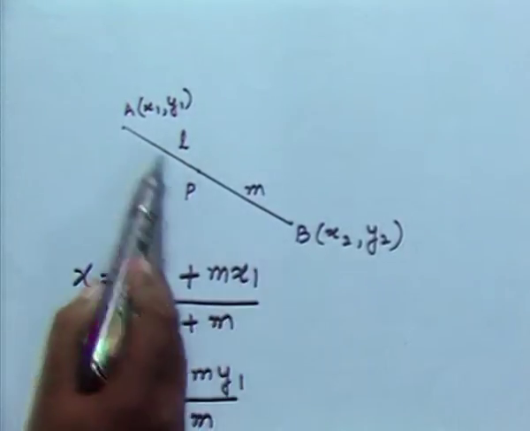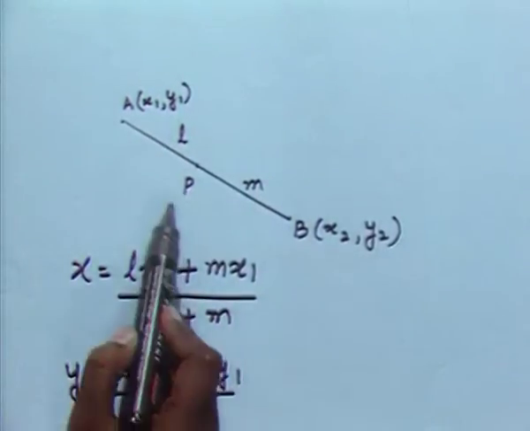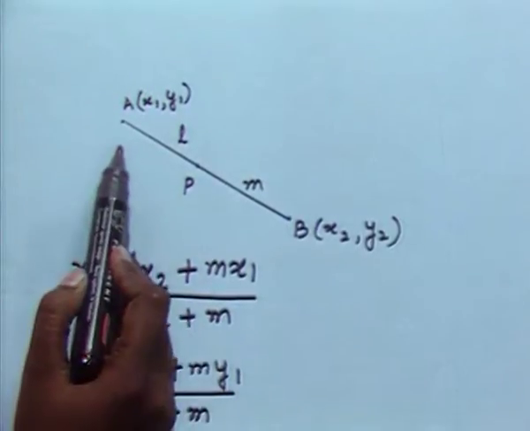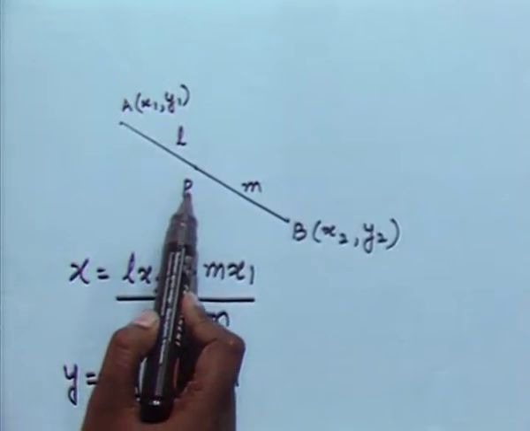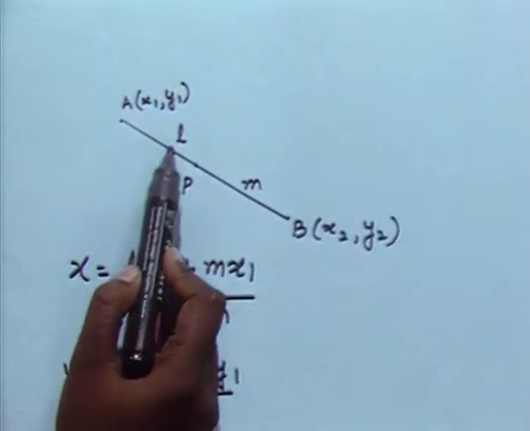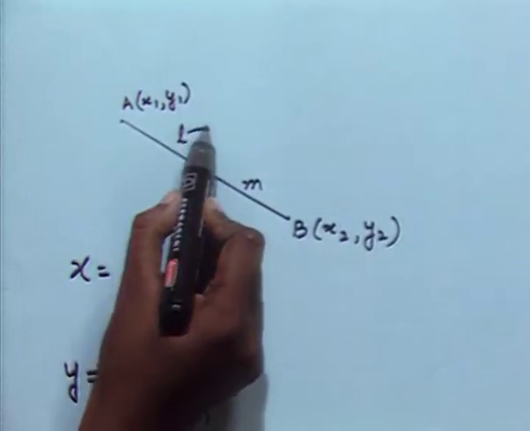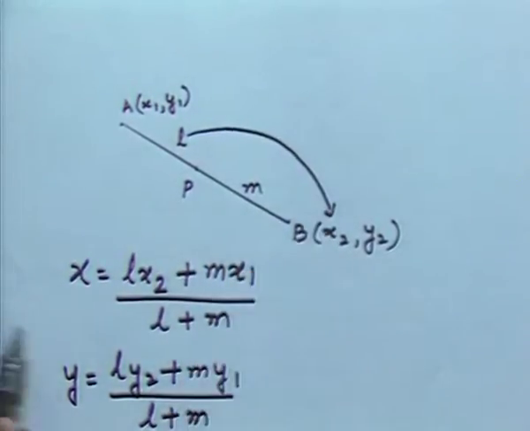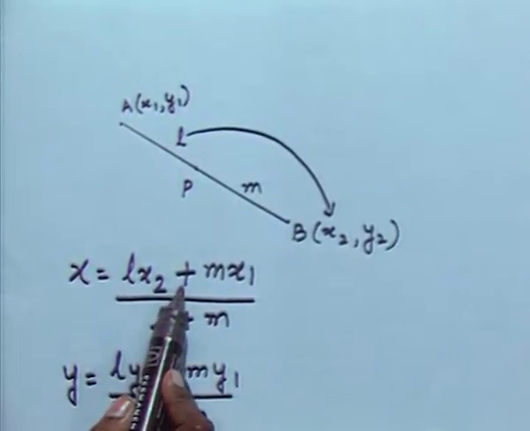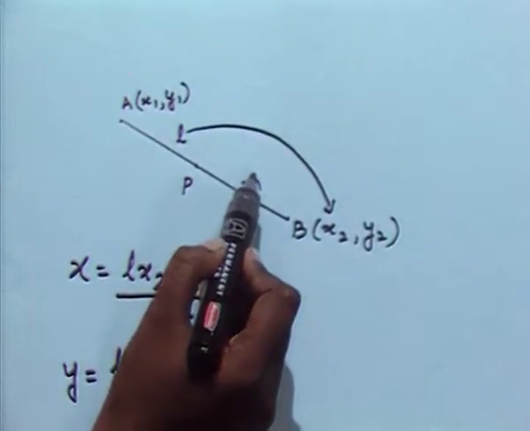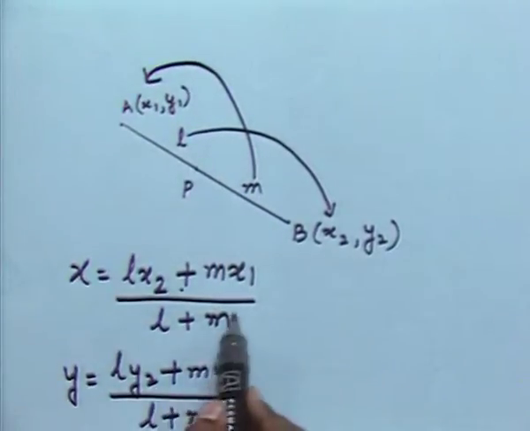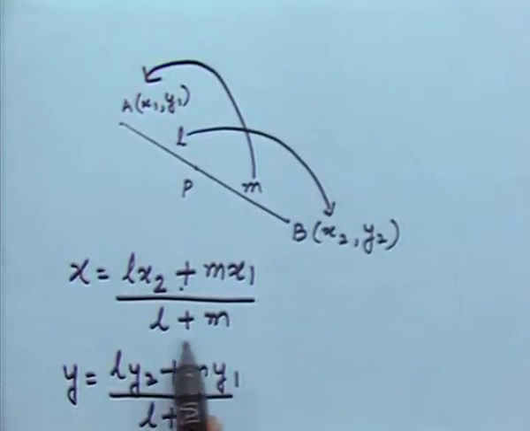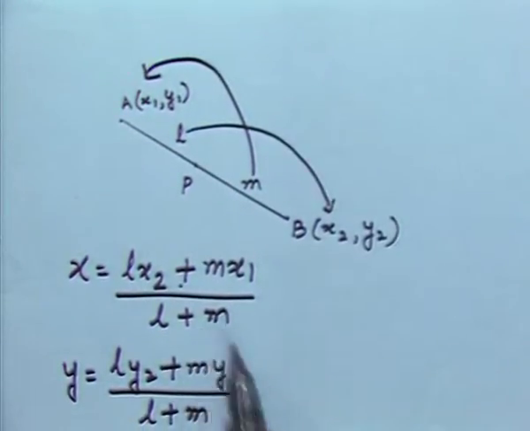Oh yes. Suppose this is the line segment AB with coordinates x1, y1 and x2, y2, and P is a point which divides the line segment in the ratio L is to m. Now, in order to find out the coordinates x, y of this point P, we multiply L with the x coordinate of the farther point, that is Lx2, and add it to the product of m with the x coordinate of the nearer point, that is mx1, and then this sum is divided by the sum of the ratios L and m.